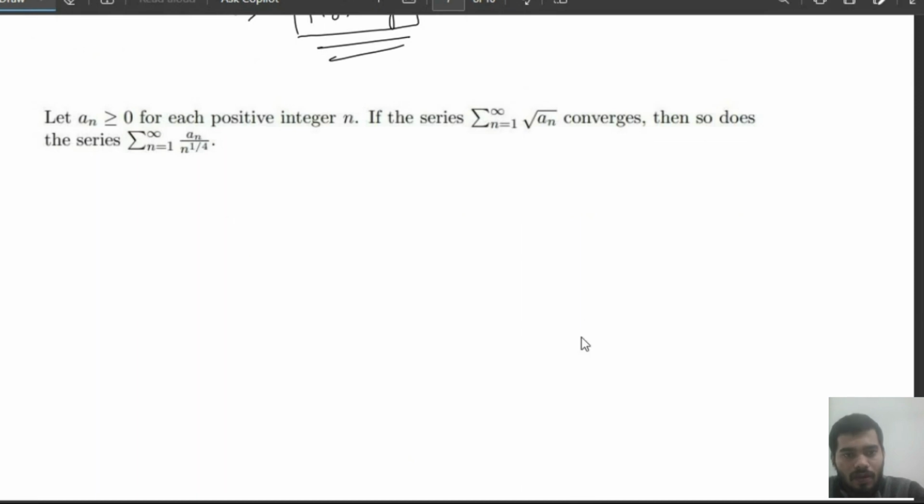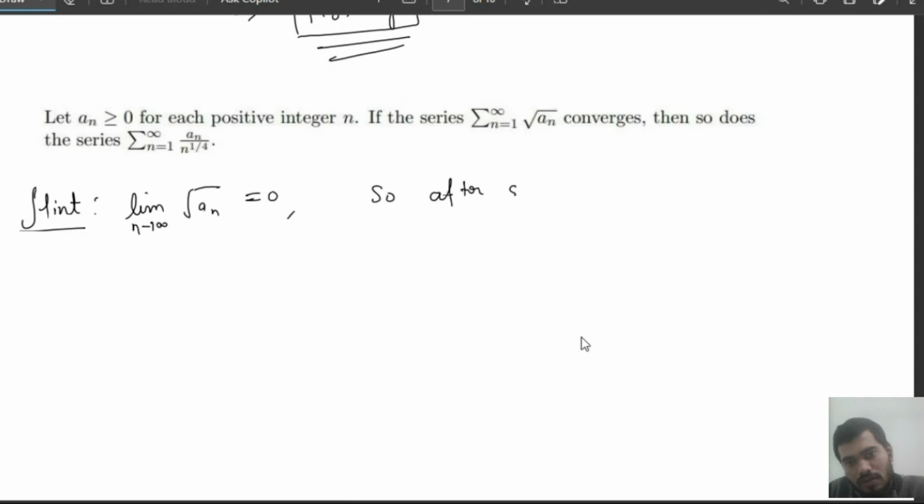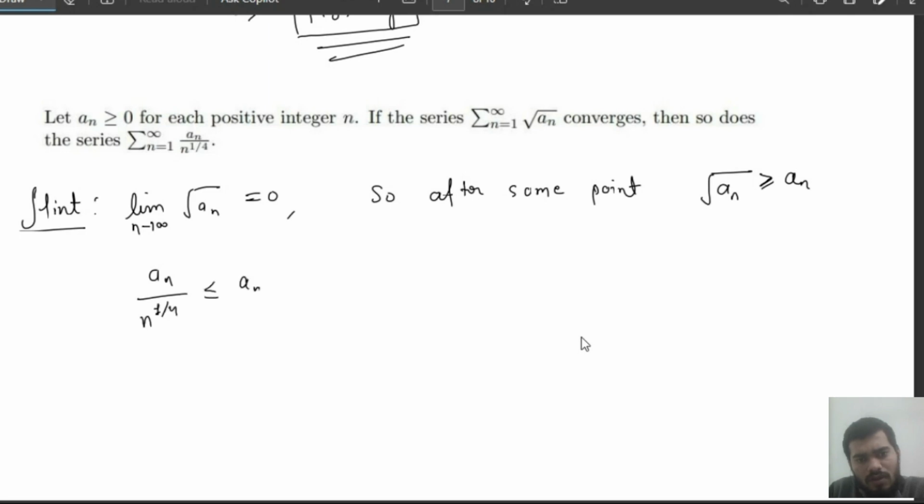So let me leave this problem to you, and I will leave it with a hint. First of all, the limit as n goes to infinity of root n is 0. So after some point, and also n raised to 1 by 4 is less than or equal to n.